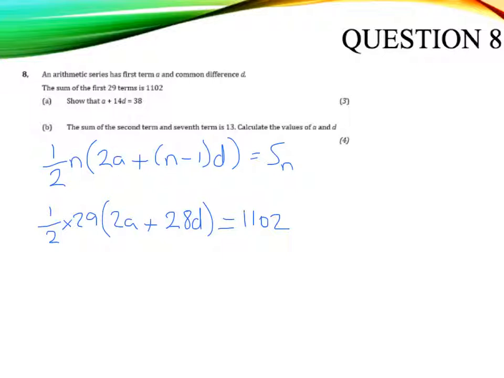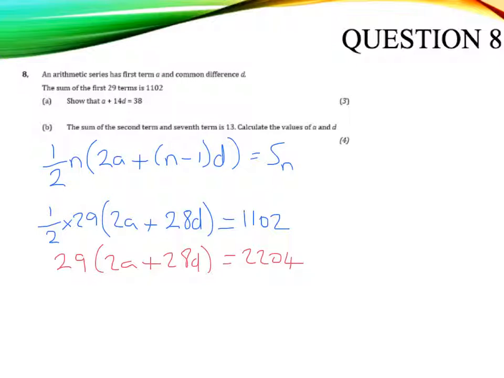Now at this point I'm hoping that if we carry on working our way through this, we're going to end up with this. It looks like we are. We've got an A and a D, an A and a D, and some numbers. So it's just a case now of sorting it out. Algebraically, I'm going to double both sides first, and that's going to give us 29 times 2a plus 28d equals 2204.